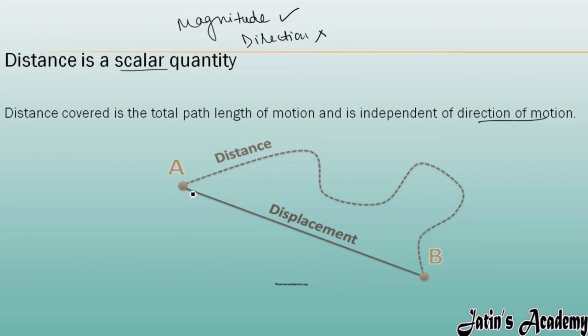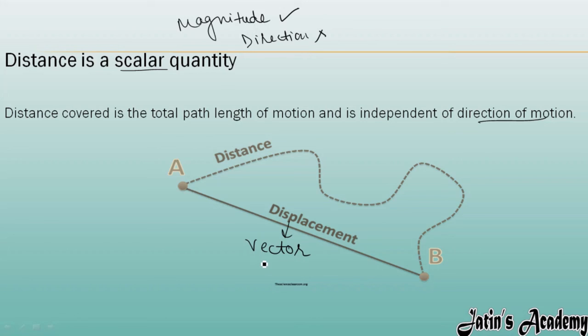So here we are having a pictorial representation. If a body wants to move from point A to point B, this is the actual path. Firstly, he will go here, then here, at last point B. So this is the actual path covered by the body, and this is the shortest path, that is the displacement covered by the body. Here distance is a scalar quantity, but displacement is a vector quantity.